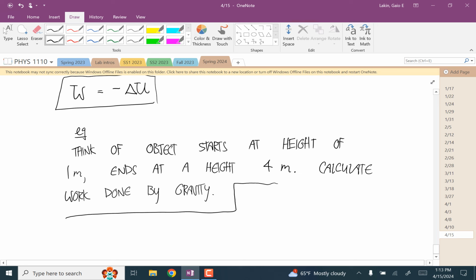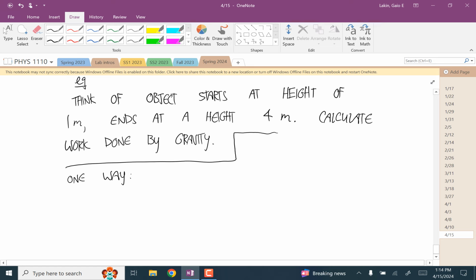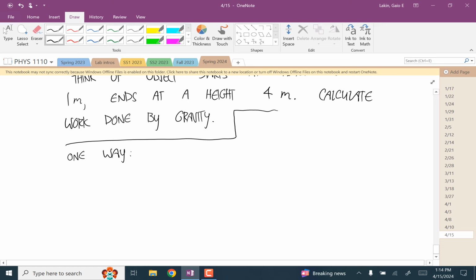Well, we have two ways to do this. One is we could use a displacement vector and a force vector. We know that the position at instant 1 we can think of as (0, 1).